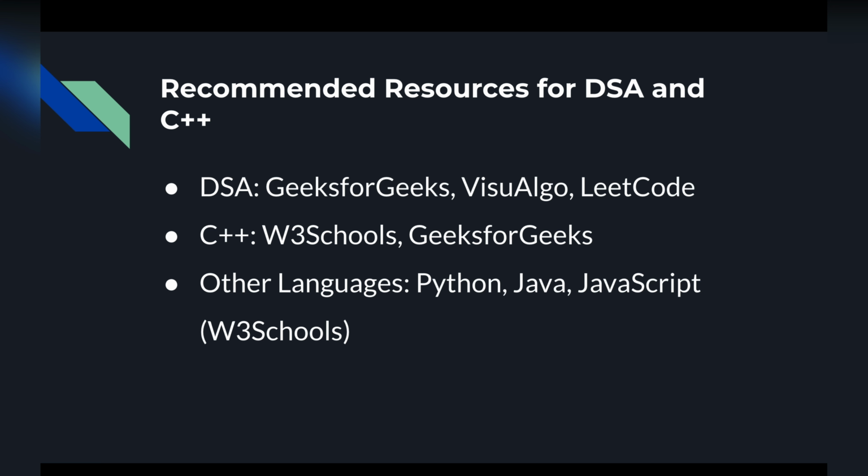If you want to learn C++ or any other programming language, I would say go with W3Schools, or second you can go with GeeksforGeeks and other websites. For mastering DSA and C++, I recommend resources like GeeksforGeeks, VisuAlgo and LeetCode. For language-specific tutorials, W3Schools is a great place to start, offering guides for C++, Python, Java and JavaScript.